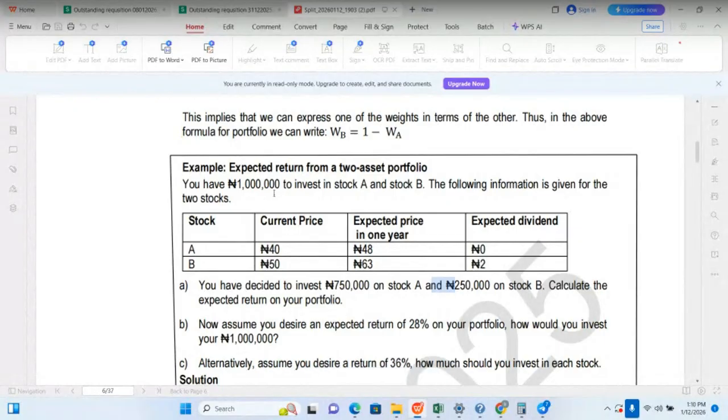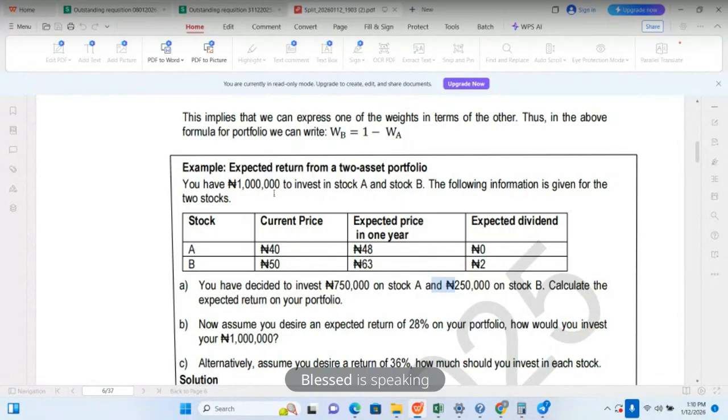And from the explanation I gave the other time when I was explaining portfolio, you don't want to put all your eggs in one basket, because if you put all your money in a particular asset, there is a tendency that, because of volatility, that asset can fail to yield the expected return.